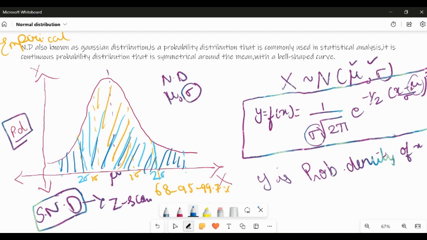So this is how the data looks, it's three standard deviations. In the x data point we used to say mu plus sigma, mu minus sigma, mu plus 2 sigma, like that we used to represent that.